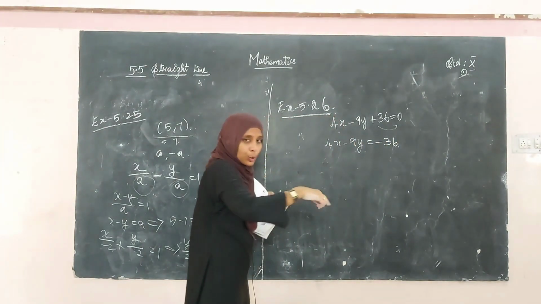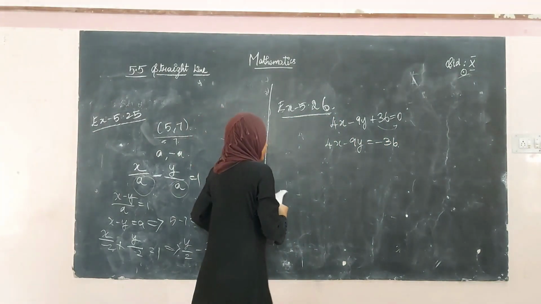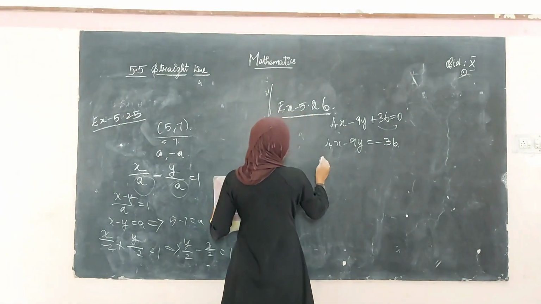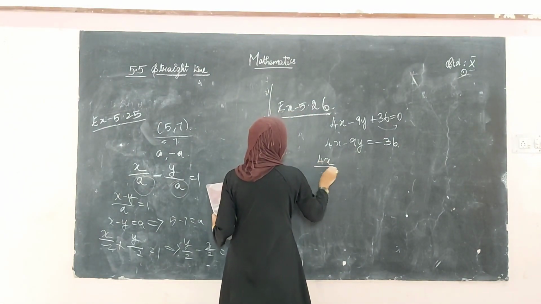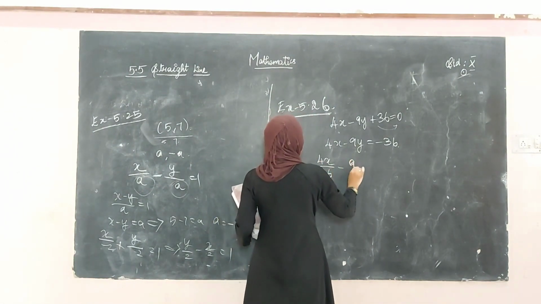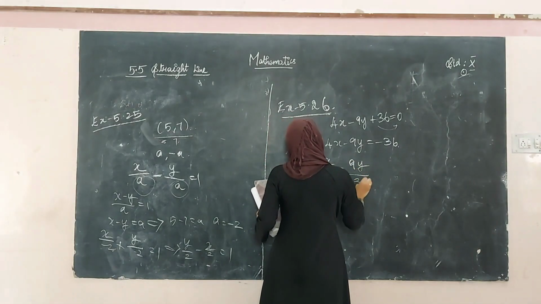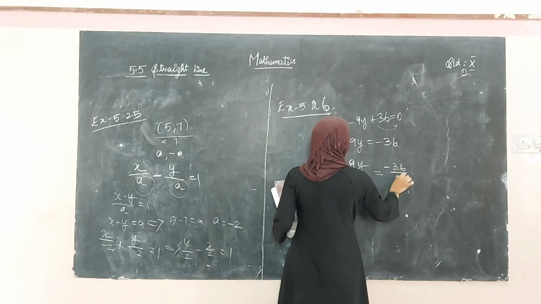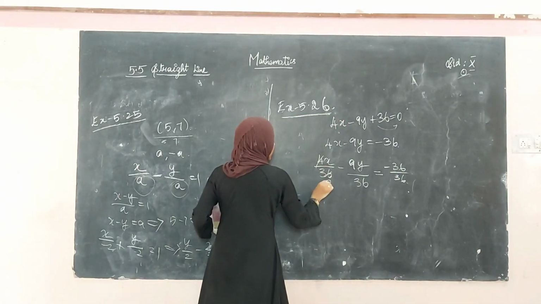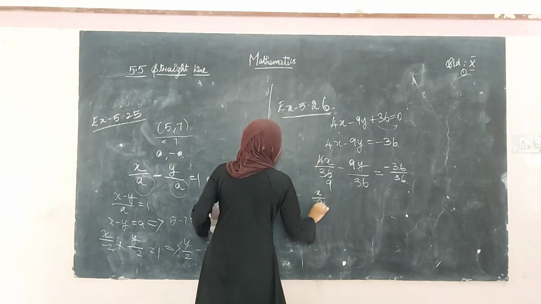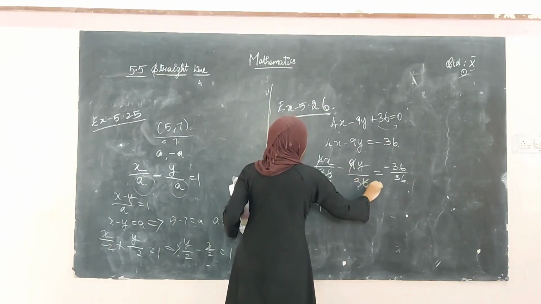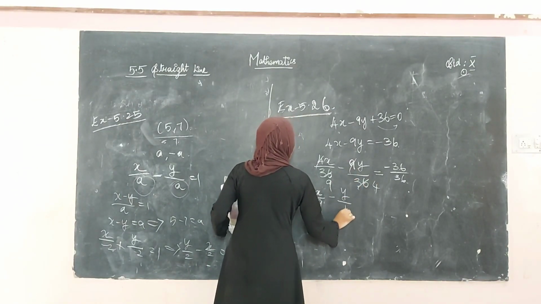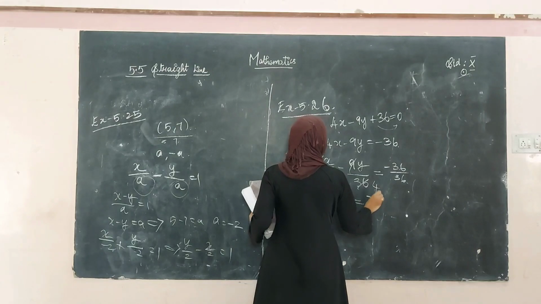Now divide throughout by 36. So what happened? 4x divided by 36 minus 9y divided by 36 equal to minus 36 divided by 36. Okay, so this is 9 times, so x by 9, minus, this is 4 times, so y by 4 equal to minus 1.